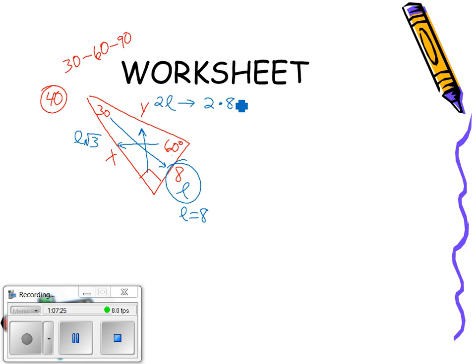You get 2 times 8, so that means that side right there, which is Y, is 16. If we plug in L over here, you take out the L, put 8 in its place, 8 times the square root of 3, and you just leave your answer that way. So that means x equals 8 times radical 3.